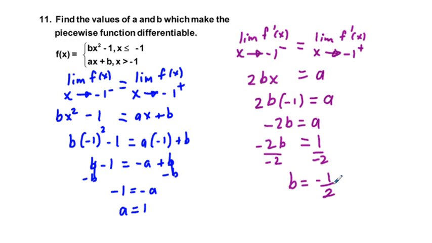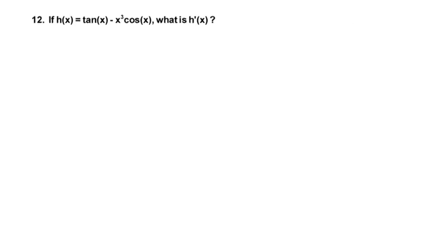And then if we substitute back in, we can see that that would be the case. Negative 1/2. Yeah, because b would cancel out on each side. Wouldn't matter what that is. So that would work out. Anyway, that's that problem.